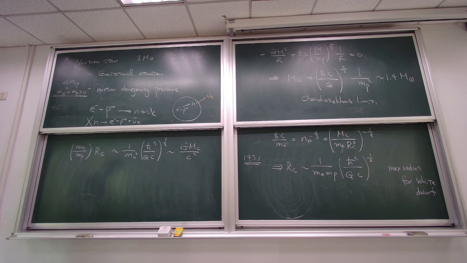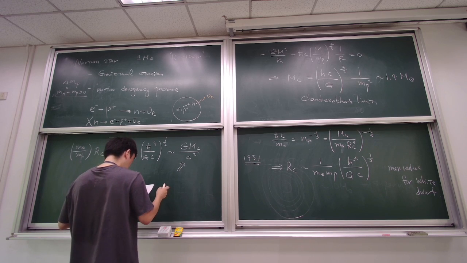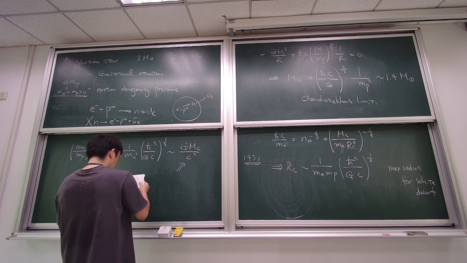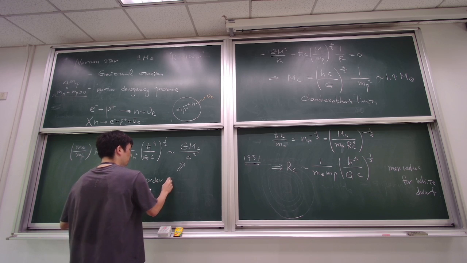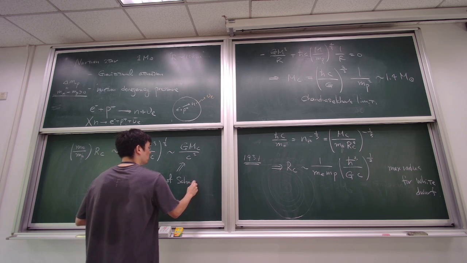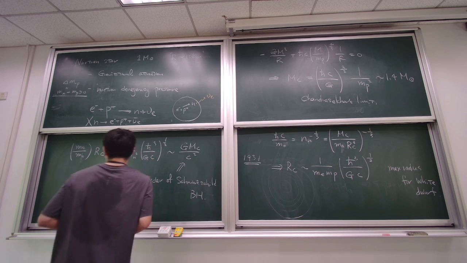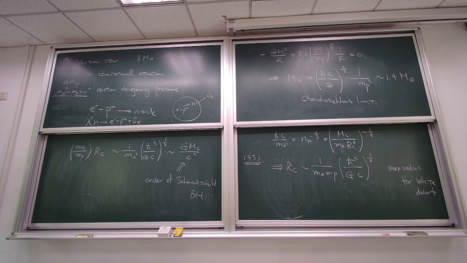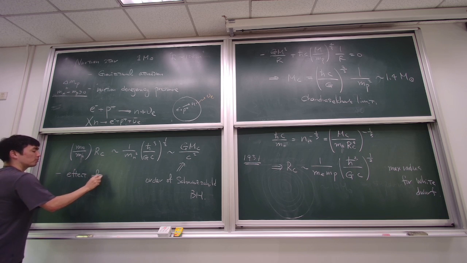If you look at this, many people are familiar with the Schwarzschild black hole, and this is roughly comparable, up to a factor of 2, to the order of the Schwarzschild black hole radius. Now for a neutron star, you need to include the effect of GR.